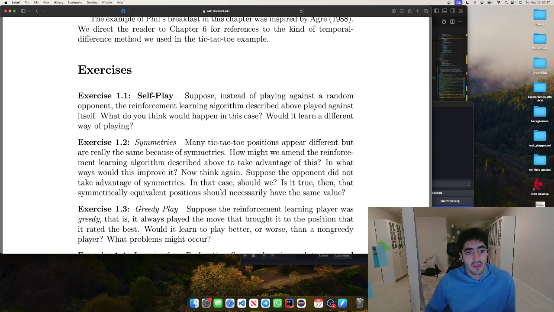Self-play. Suppose instead of playing against a random opponent, the reinforcement learning algorithm described above played against itself. Well, it depends.